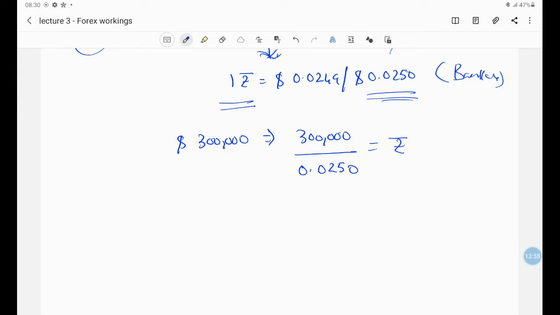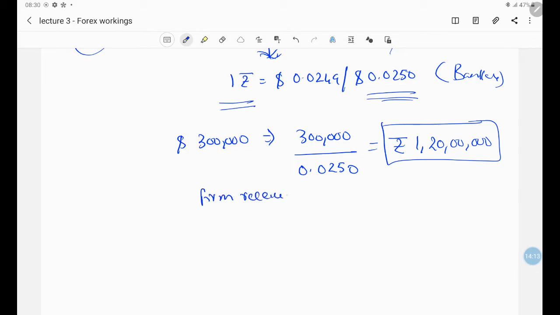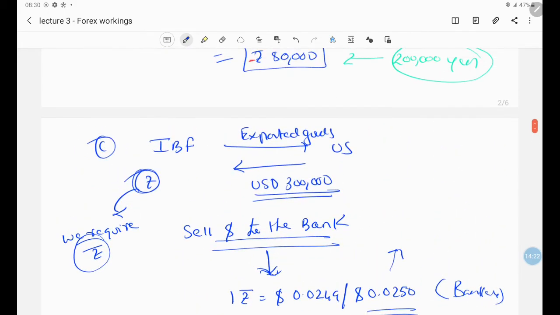So it comes around 1 crore 20 lakh. So the firm receives 1 crore 20 lakh, right? So this is the transaction.